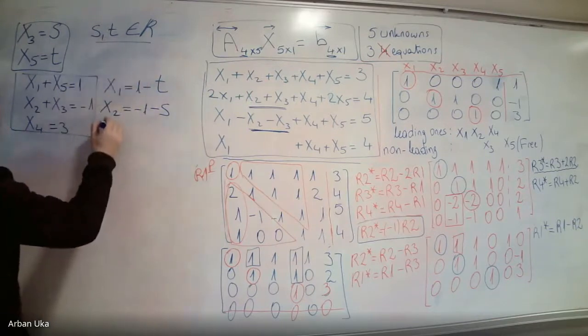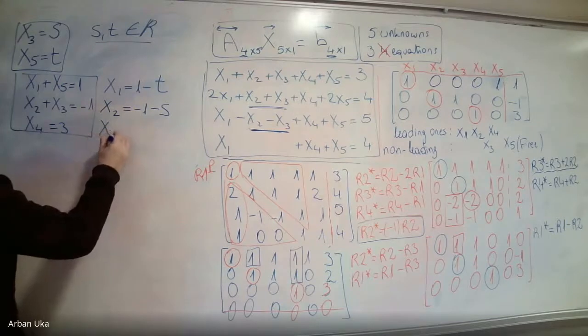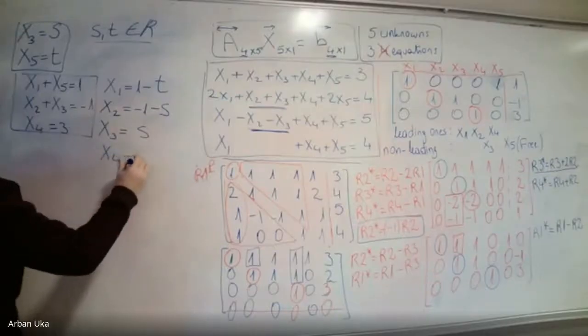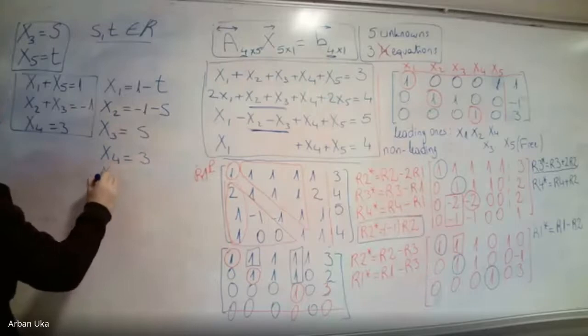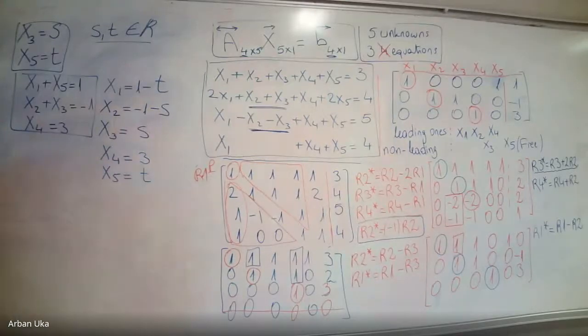And now we have x1, x2, then x3, what is x3? x3 is equal to s, okay, what is x4? Equal to 3, what is x5? Equal to t, okay? So, these are the equations.